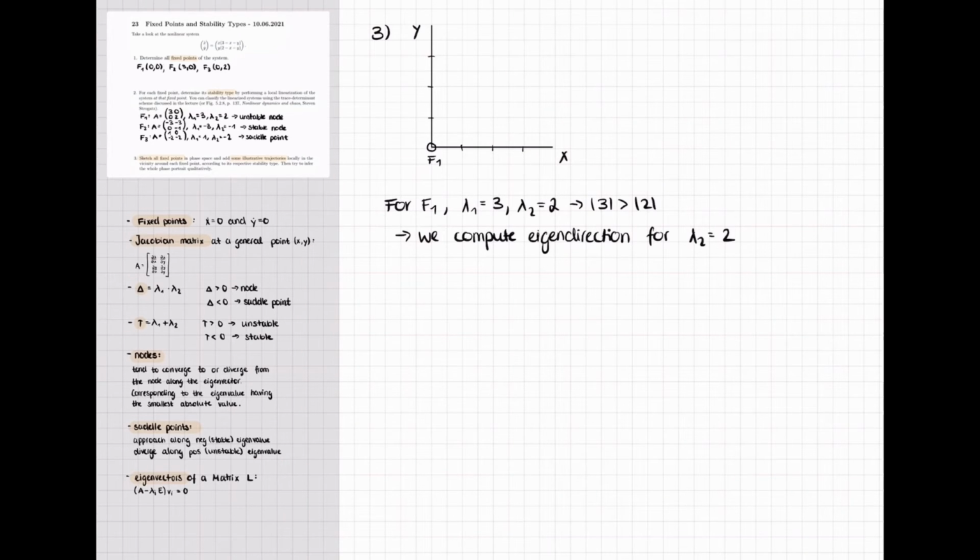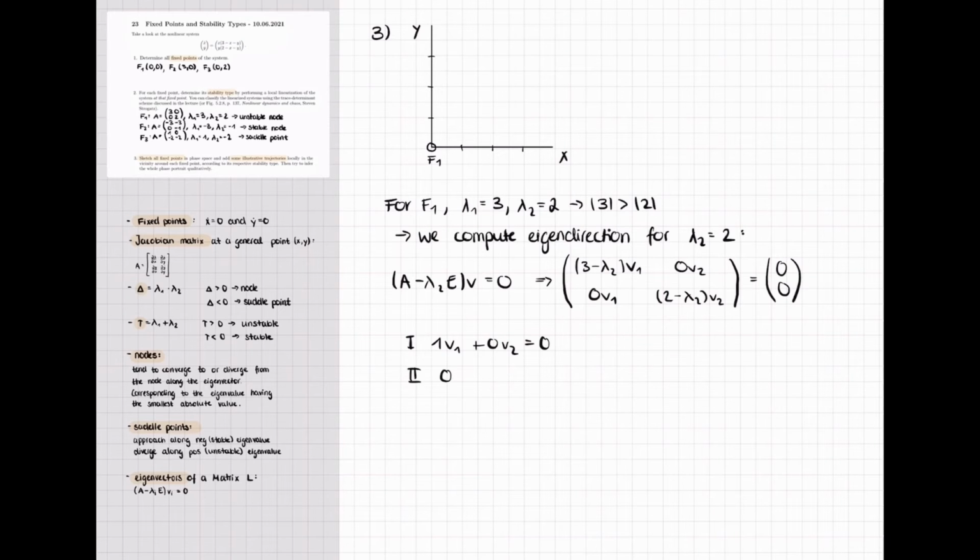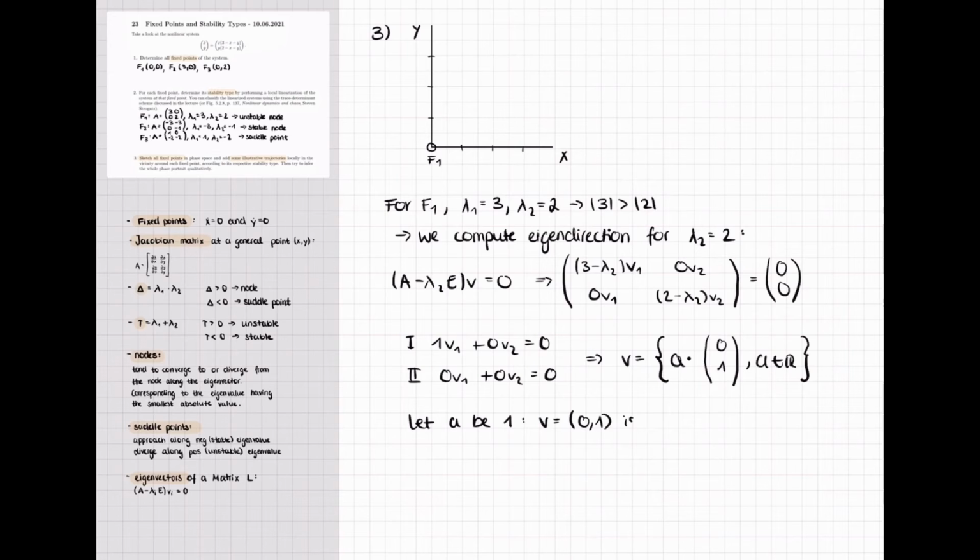For that, we can use this formula on the left, which leads to this linear system. And from that we can deduce that multiples of (0, 1) are eigenvectors. With help of the eigenvector we can add some trajectories in phase space. And because it is an unstable node, they will tend to diverge from the node along the eigenvector, which looks like this.